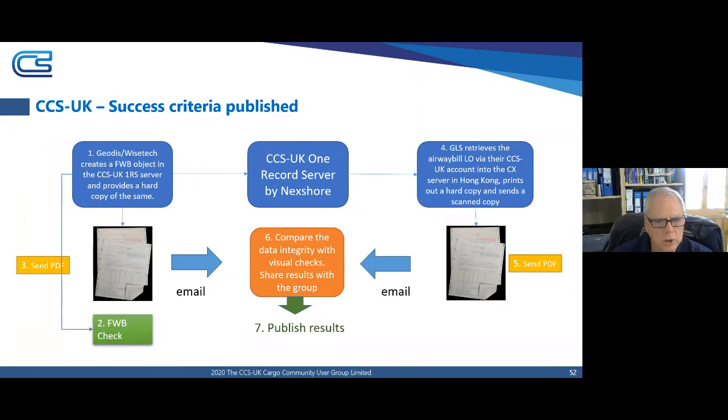We would do a paper check, and then we would ask GLS in Hong Kong to do exactly the same, print out their hard copy, send it over to us, and we would compare both visual checks and data integrity checks, and then share the results with the group.